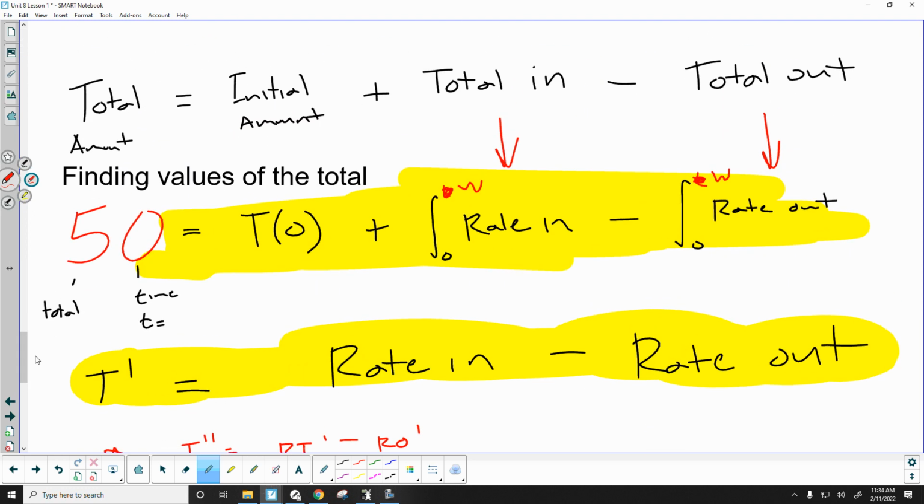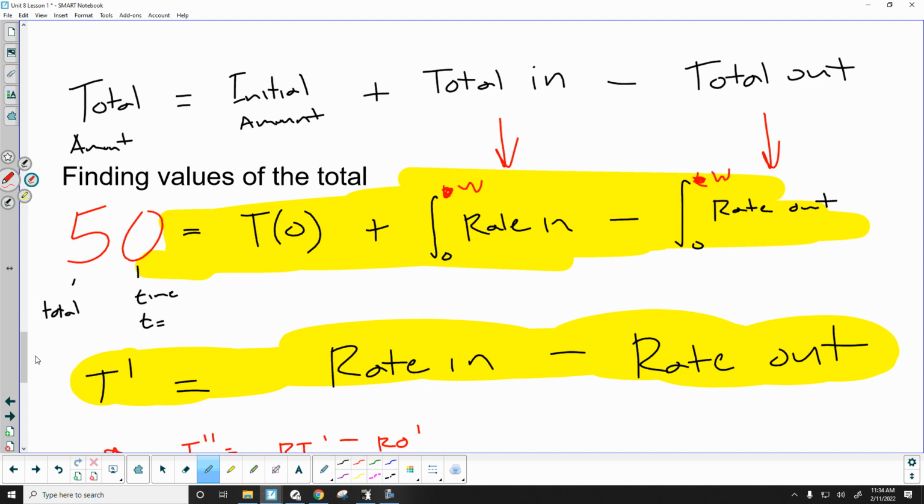Here's an equation. It involves integrals. It's got W in it. Now, how would I solve it? In a hypothetical world, I would take the antiderivative of this, plug in W and plug in 0. Take the antiderivative of this, plug in W, plug in 0. Simplify and solve, probably not going to be able to be done.